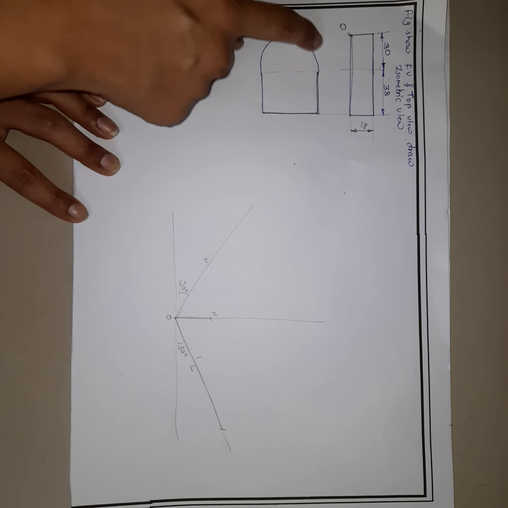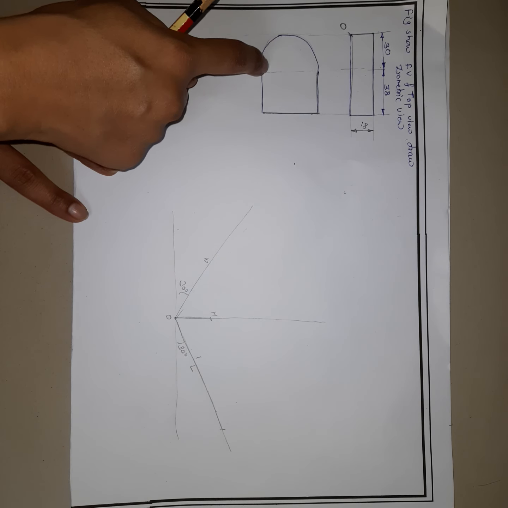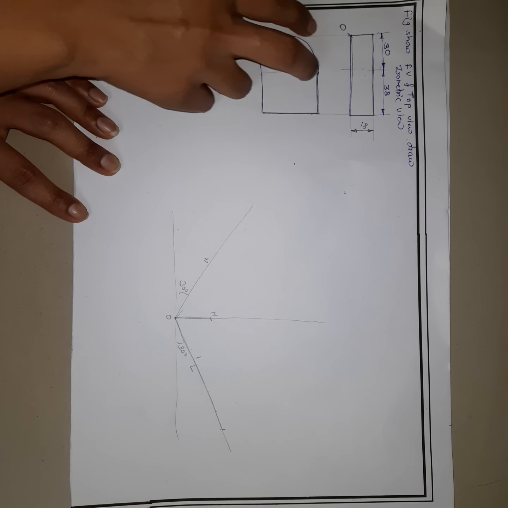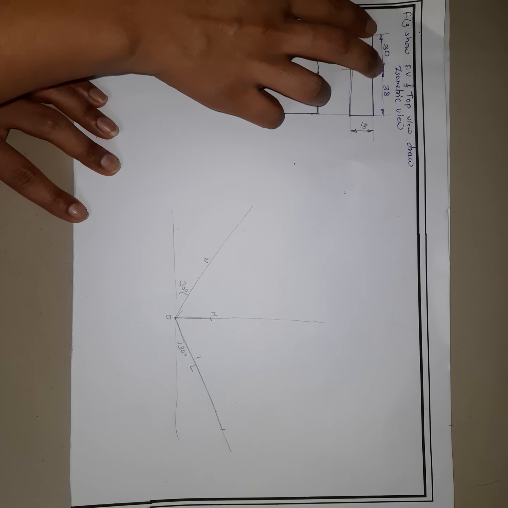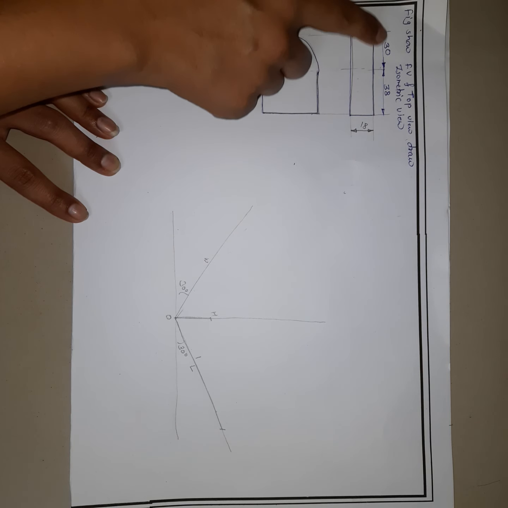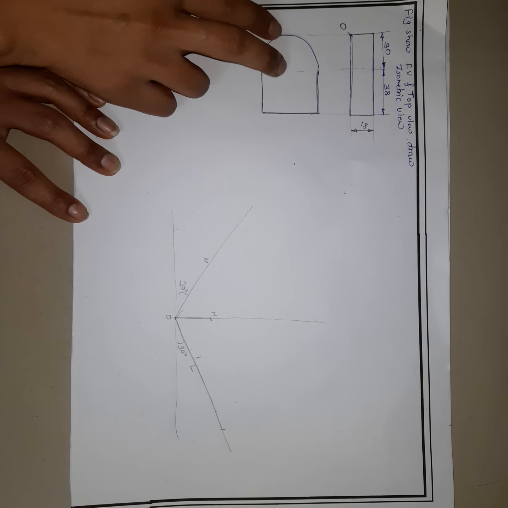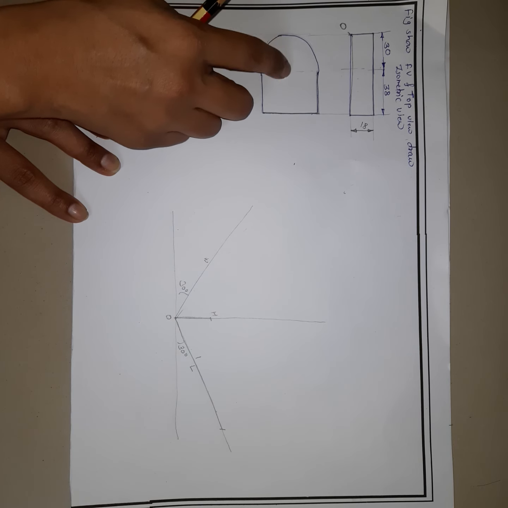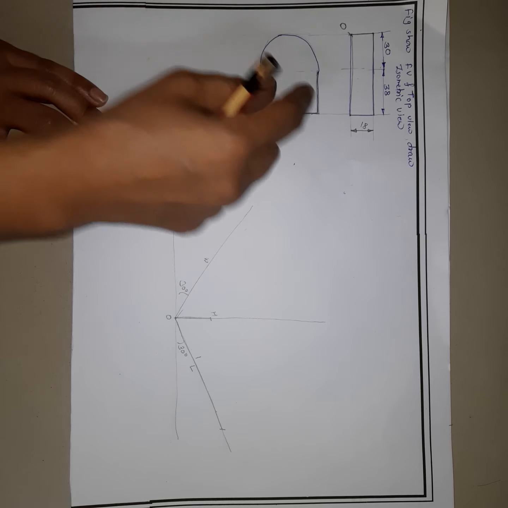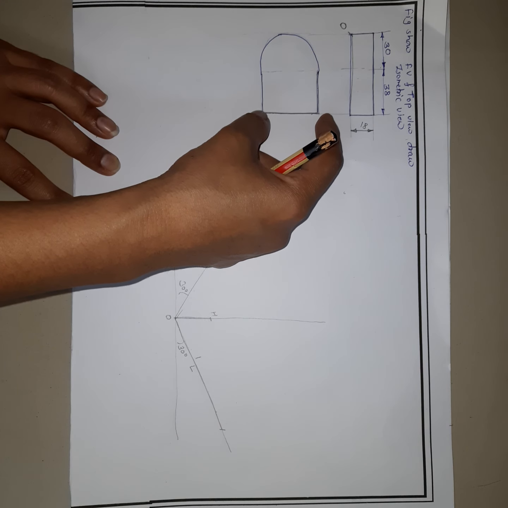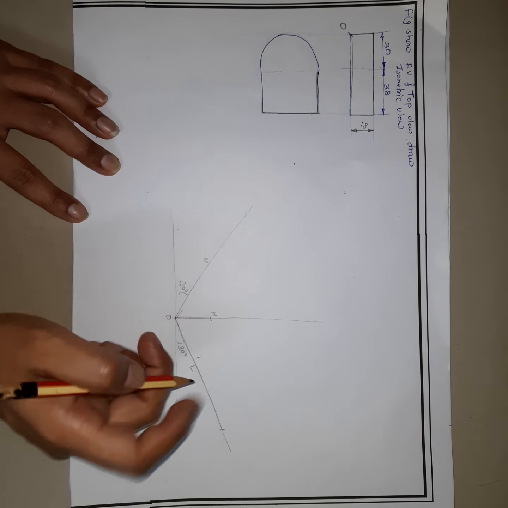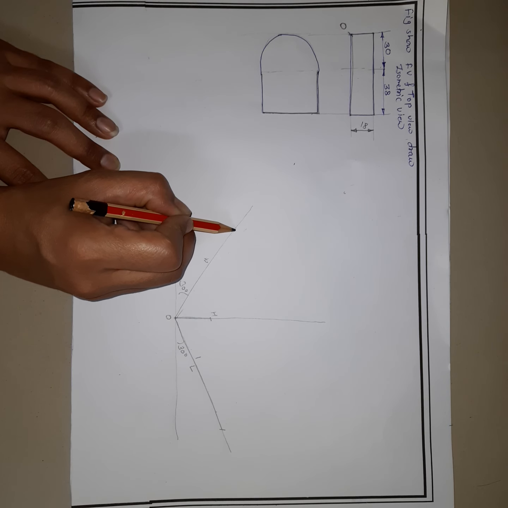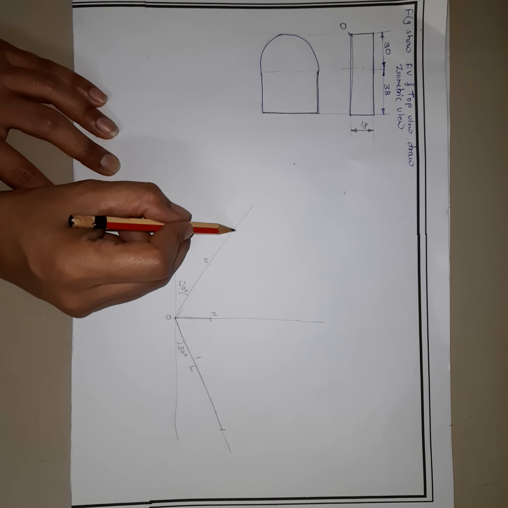In the front view, this is 30 mm, the center line, which is the radius of this half circle. So the radius is 30 and the diameter is 60. So the width is 60. So we'll mark that 60 mm this side.